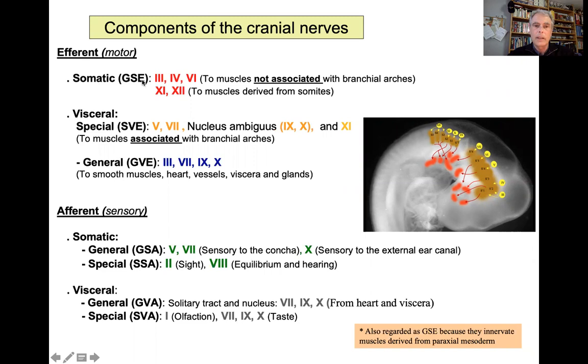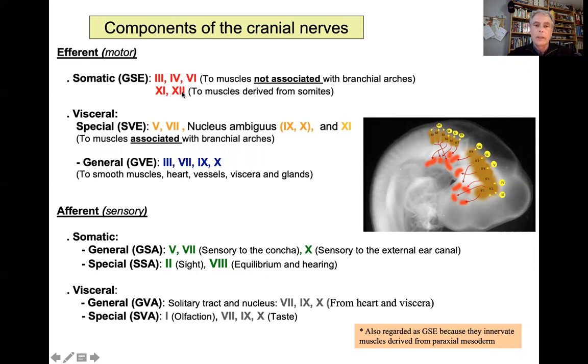Somatic: general somatic efferent component. The nerves that have this component are the oculomotor, trochlear, and abducens. These are nerves that innervate muscles not associated with branchial arches. We also include here the accessory and the hypoglossus.